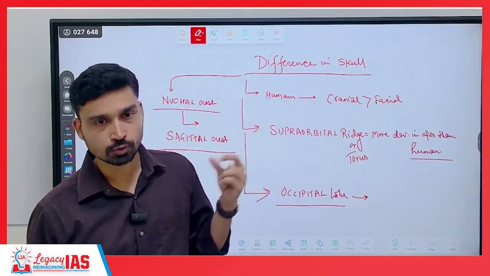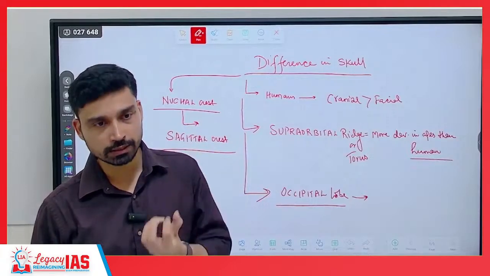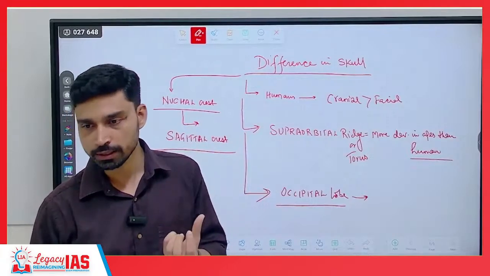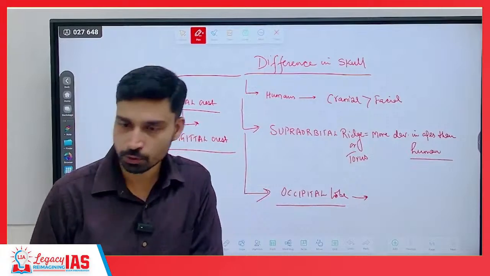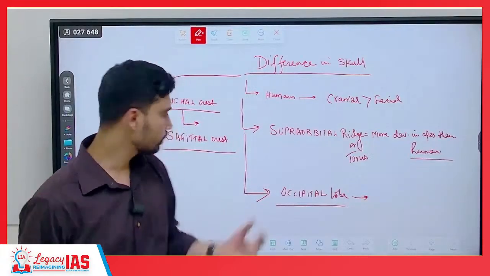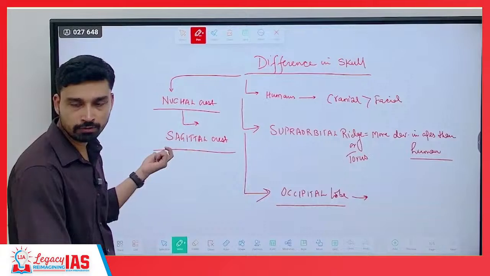Apes do not have that, so they collect a lot of hard nuts, seeds, and fruits, and they are dependent only on using their teeth and jaw. That is why it is much more developed in the apes.